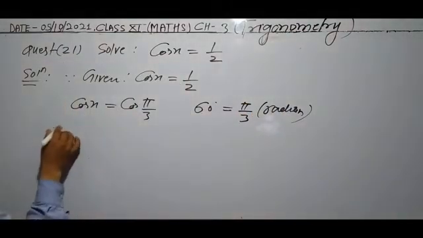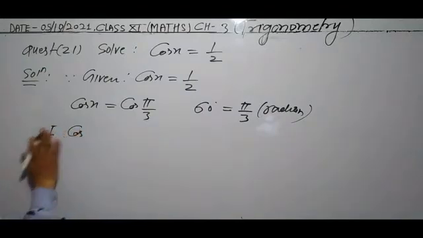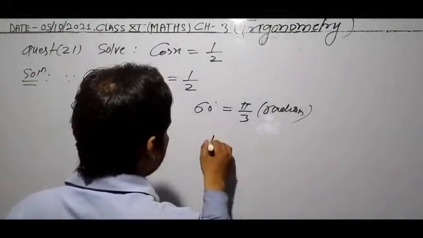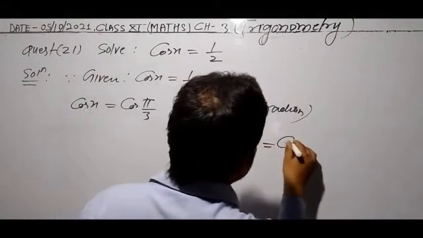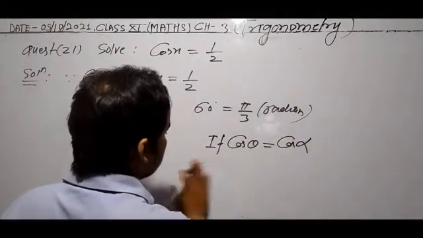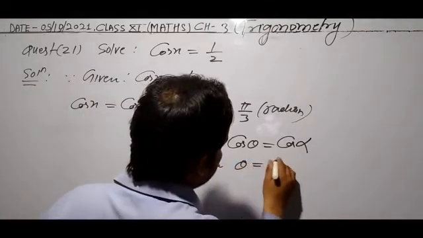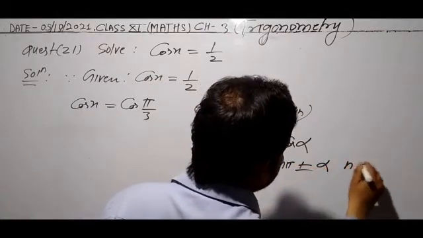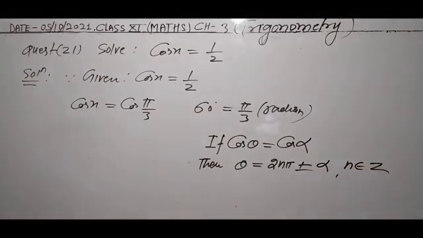Now here I am writing the formula: if cos theta is equal to cos alpha, then theta we can write as 2n pi plus minus alpha, such that n belongs to integer. This is our formula.